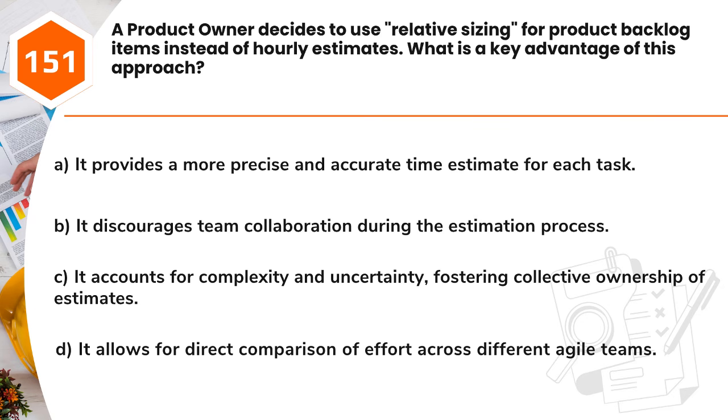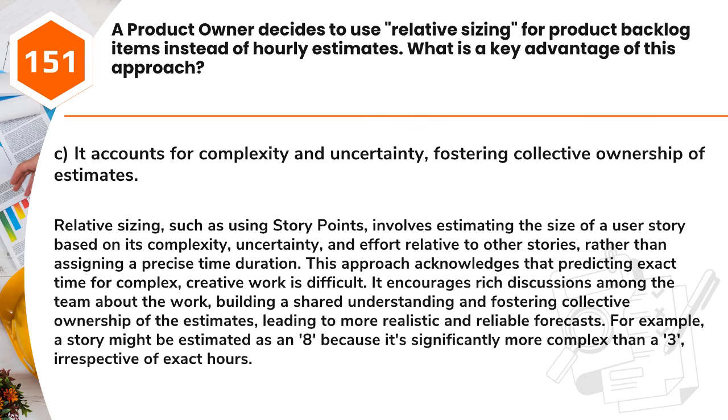Answer: C. It accounts for complexity and uncertainty, fostering collective ownership of estimates. Relative sizing, such as using story points, involves estimating the size of a user story based on its complexity, uncertainty, and effort relative to other stories, rather than assigning a precise time duration.